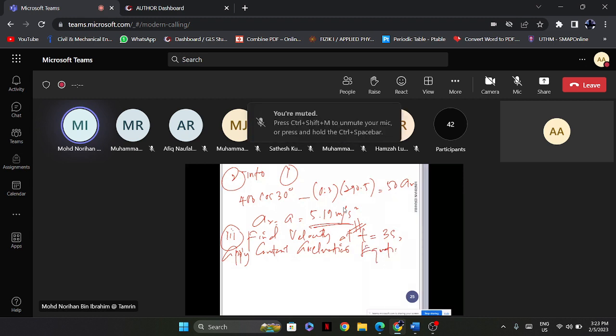Apply the constant acceleration equation, which is v is equal to v naught plus a t.